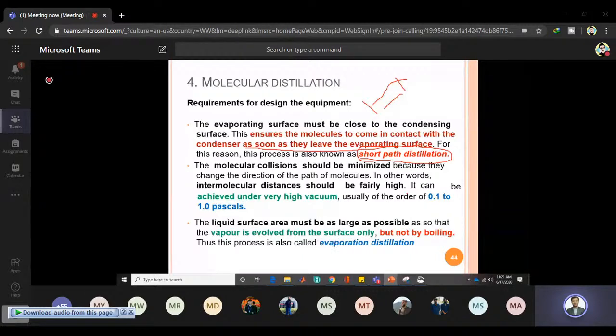The liquid surface area must be as large as possible so that vapor is evolved from the surface only, but not by boiling. Thus, this process is also called evaporation distillation. Remember, we're not going to such a temperature where we need to boil that. Rather, it should be vacuum-based evaporation.